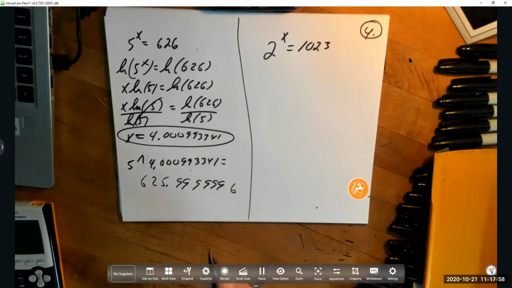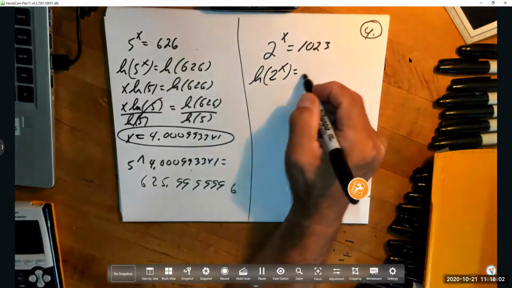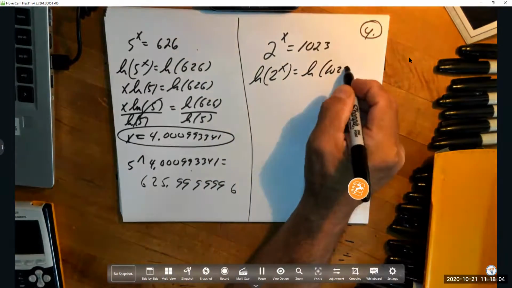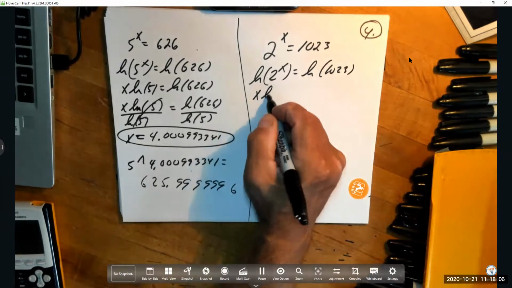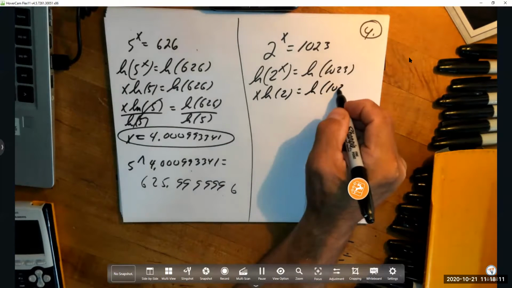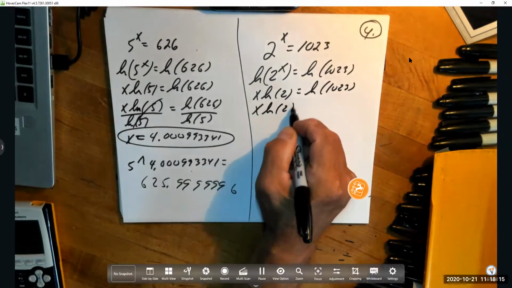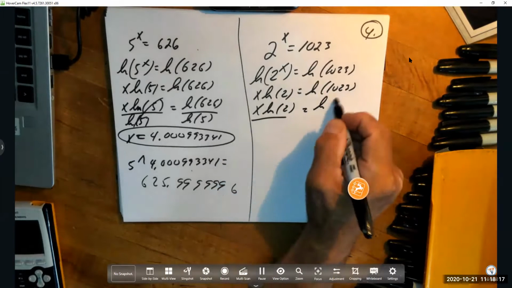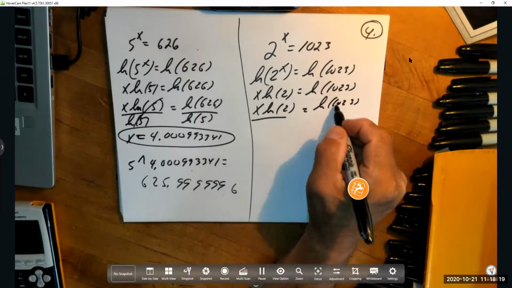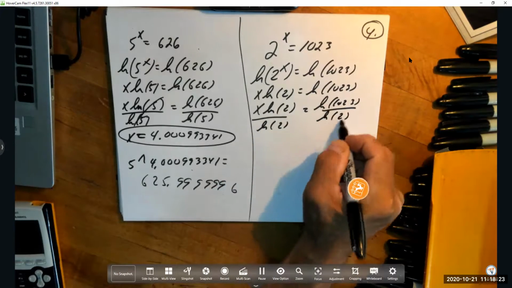Just like the other one. ln of this number and ln of this number. We have x ln of 2 equals ln of 1023. So now divide by, you tell me. Divided by ln of 2. Right. ln of 2. These are gone.